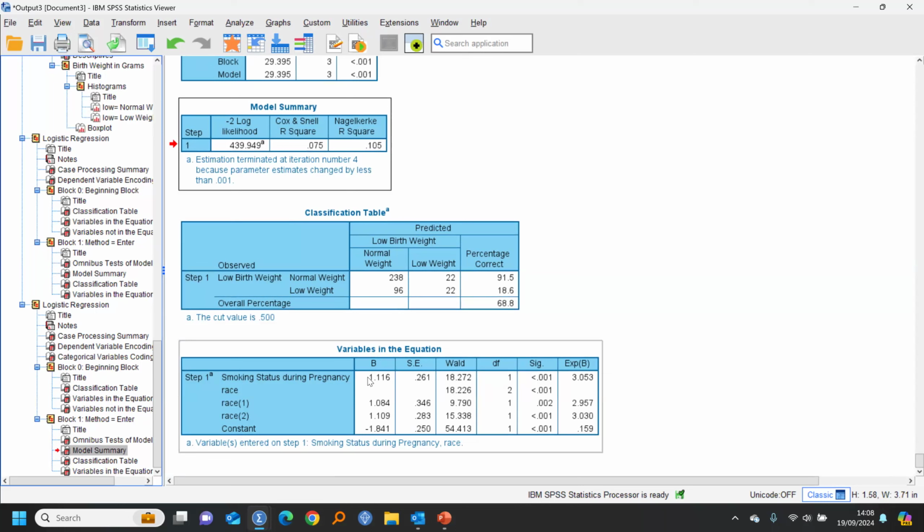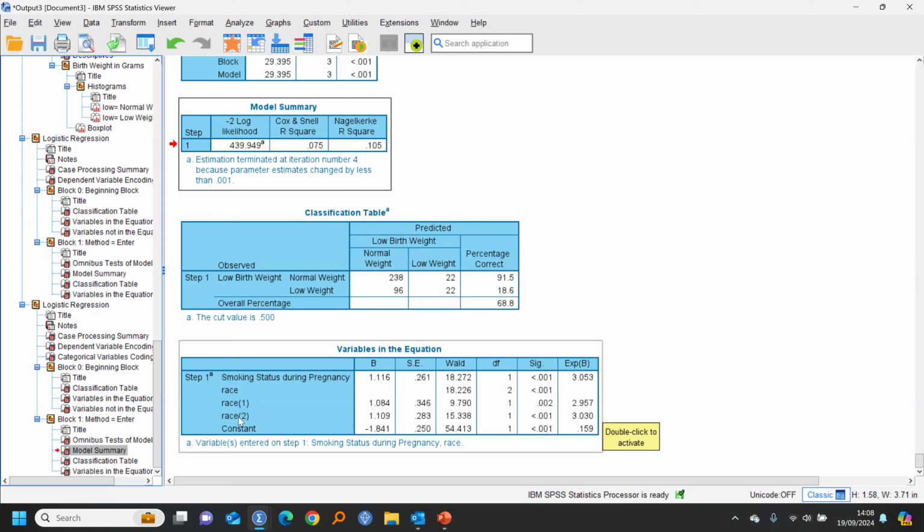And here it's saying that for smoking during pregnancy, this time the exponentiated B, in the presence of these other values, is actually 3 times. The odds have gone up. All of these values are statistically significant. And it's saying the effect of being race 1, which refers to black people, the effect of being black versus white, actually increases the odds of you having a low birth weight baby by 2.9 times.